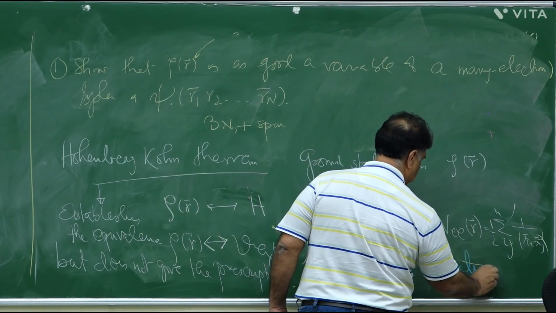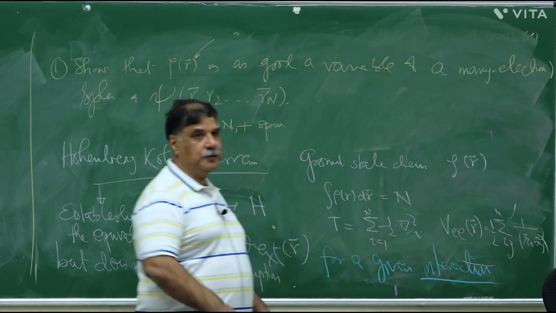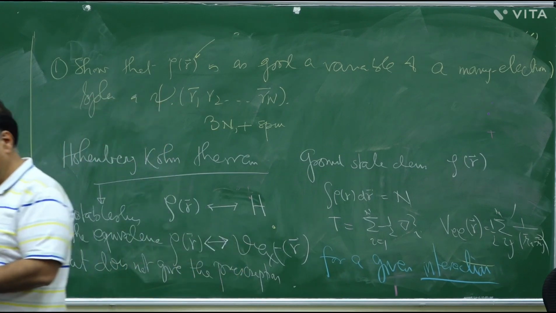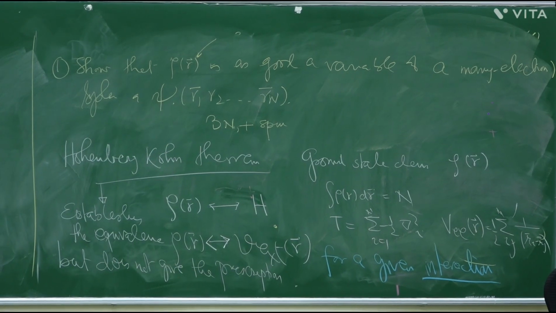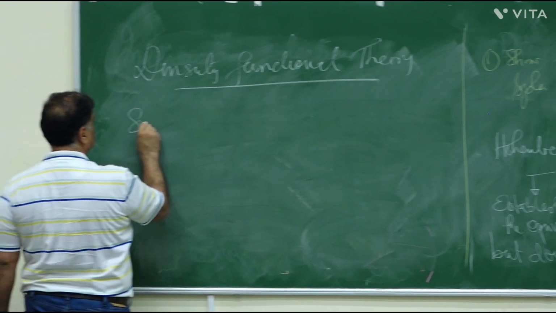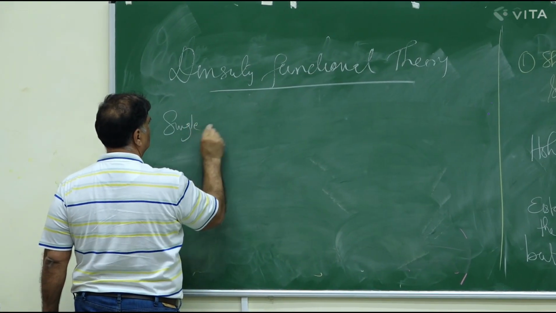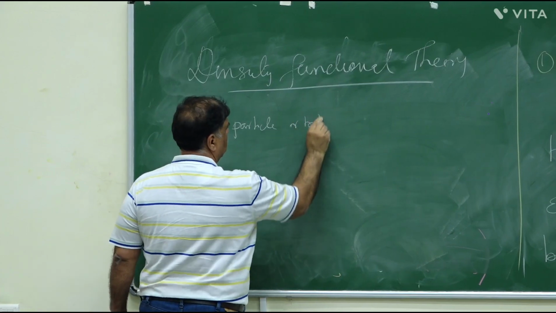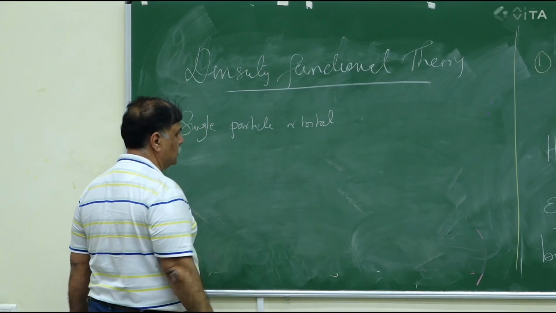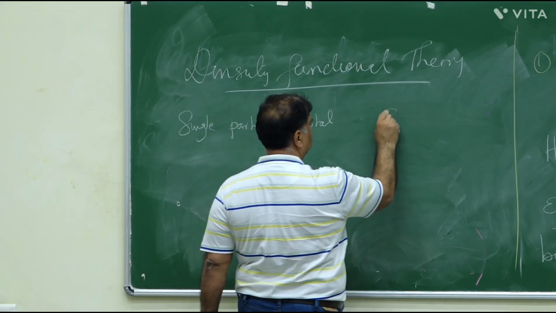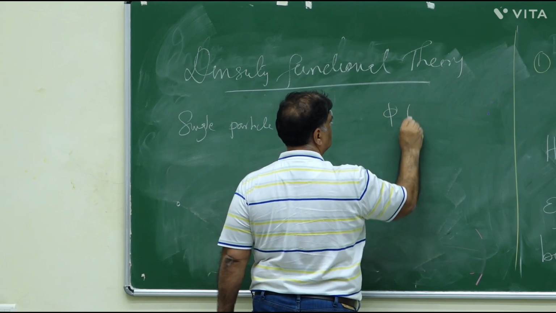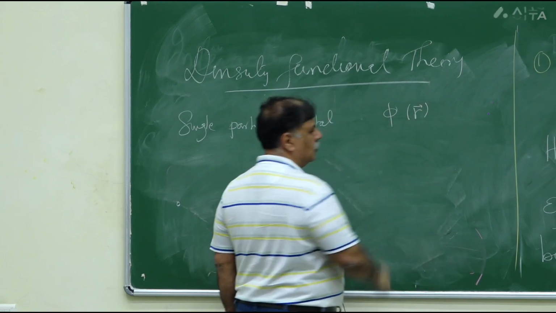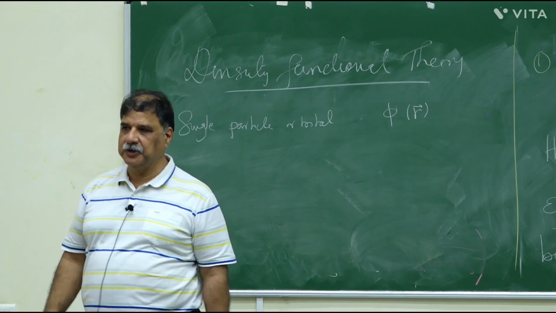That interaction is fixed. It could be Coulombic, it could be soft Coulombic, it could be whatever. Alright? Now to appreciate this, suppose I give you a single particle. Alright. Now I'm doing all this because we are going to use this later. Then I have phi r, the single particle ground state.